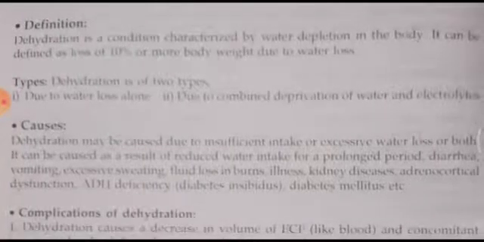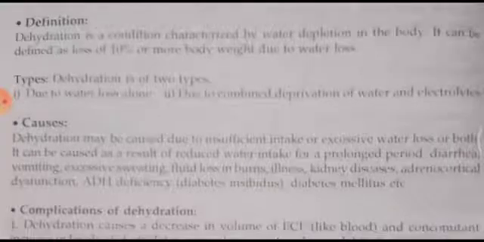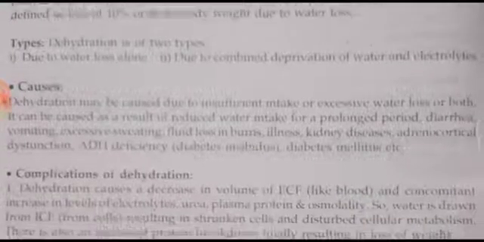Whenever more than 10% of the water is lost from the body, it leads to dehydration. Dehydration can occur due to water loss alone, or due to combined deprivation of water and electrolytes. Both water and electrolytes are lost, thereby causing dehydration.